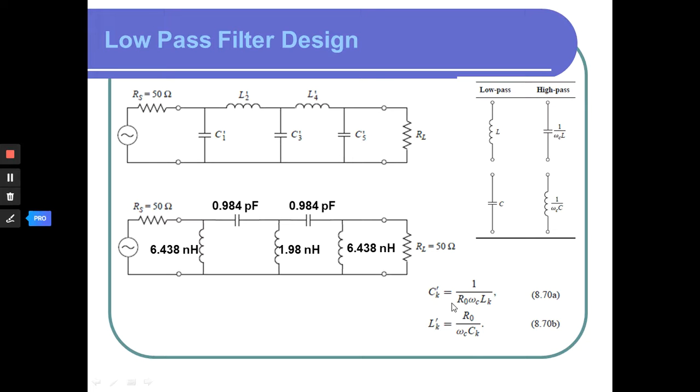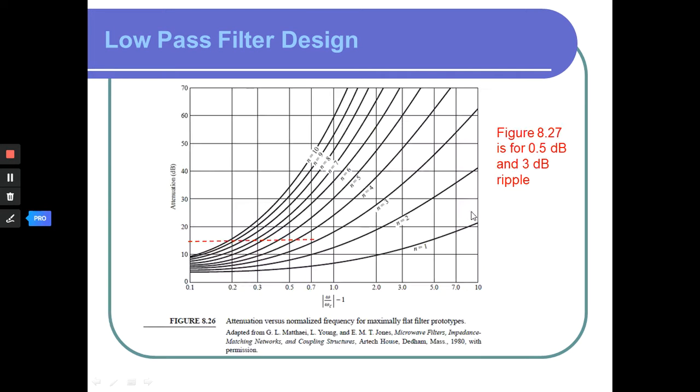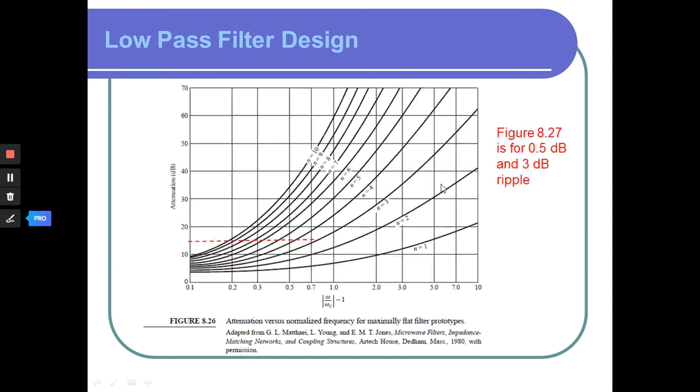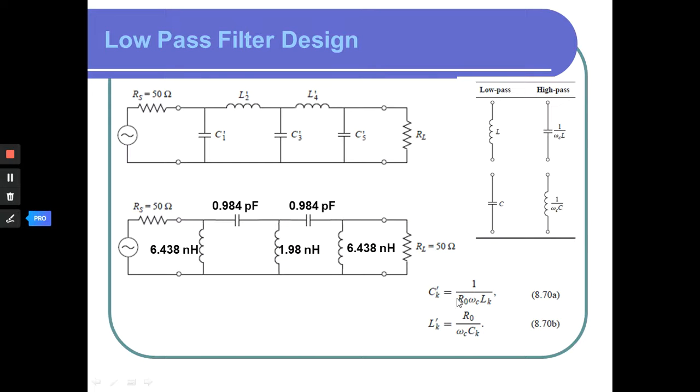Remember, these equations are different. We have used these equations before. This equation is 8.67, which is for the low pass filter. For the high pass filter, the equations are different. So anything L you find, which is this value, you need to use this value.